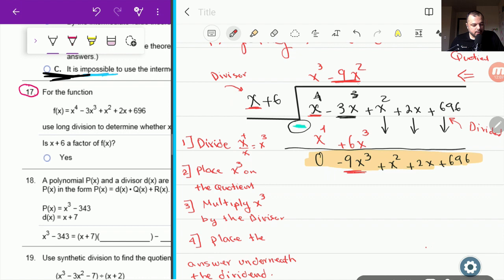Now we are dealing with the negative 9x squared, so we multiply it by x and by 6. When you multiply by x, you get negative 9x cubed. Then negative 9 times 6 is negative 54x squared. Correct?